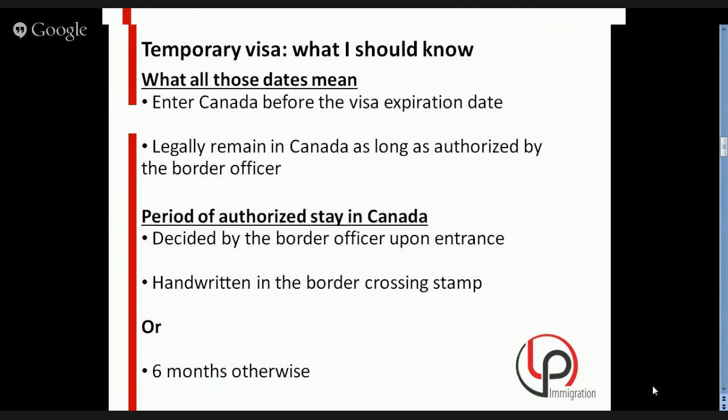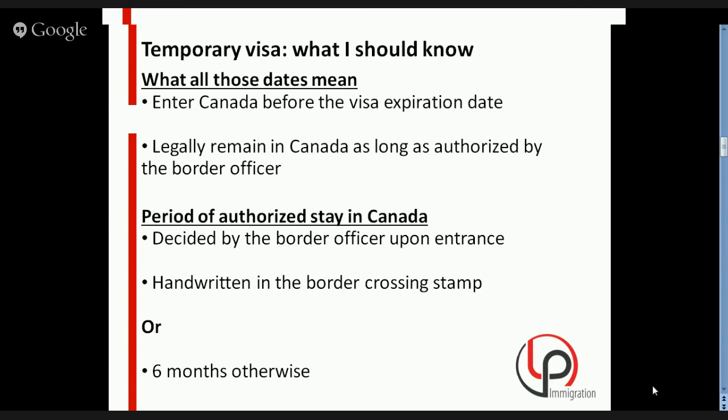So the officer is asking all these questions, and he or she is the one who determines until what date you will be allowed to stay in Canada. This officer will stamp your passport and write the exact date until which you're allowed to enjoy Canadian hospitality. It can be any date up to 6 months in the future, depending on your declared purpose of visit, the return tickets you have booked, and so on and so on.